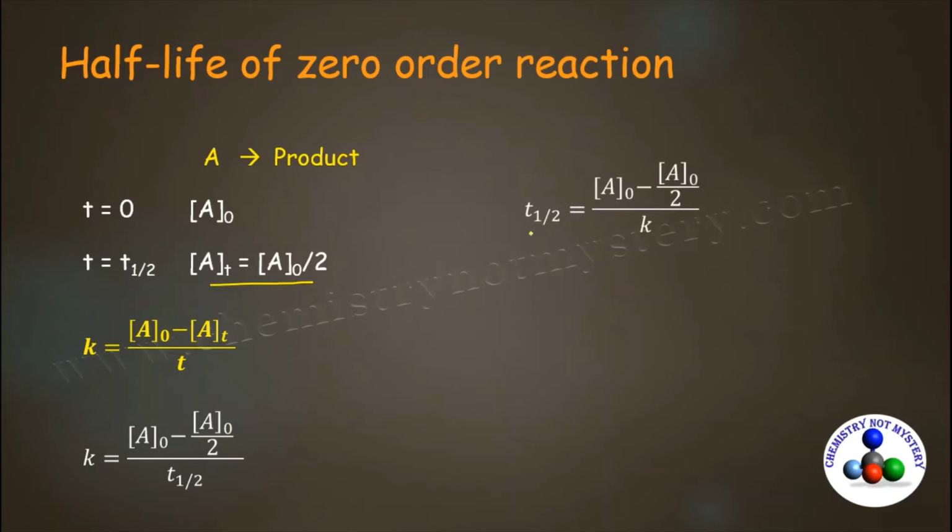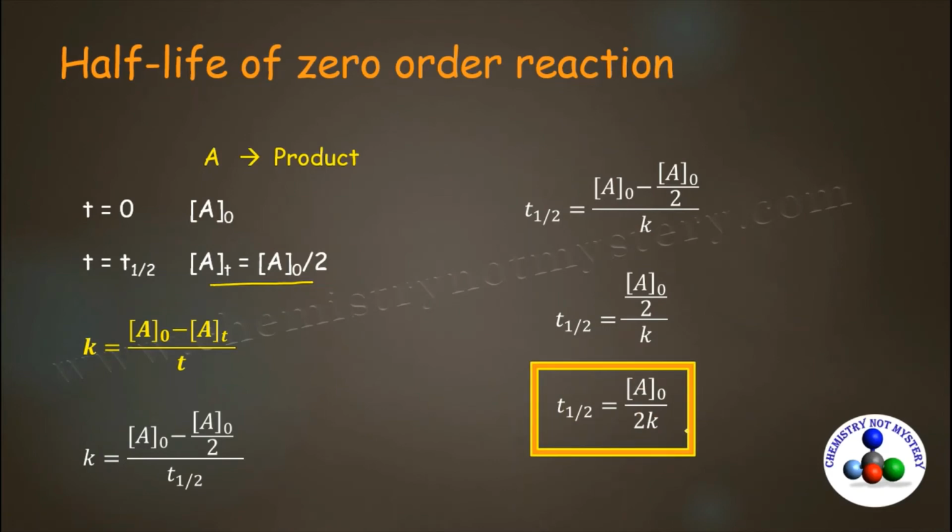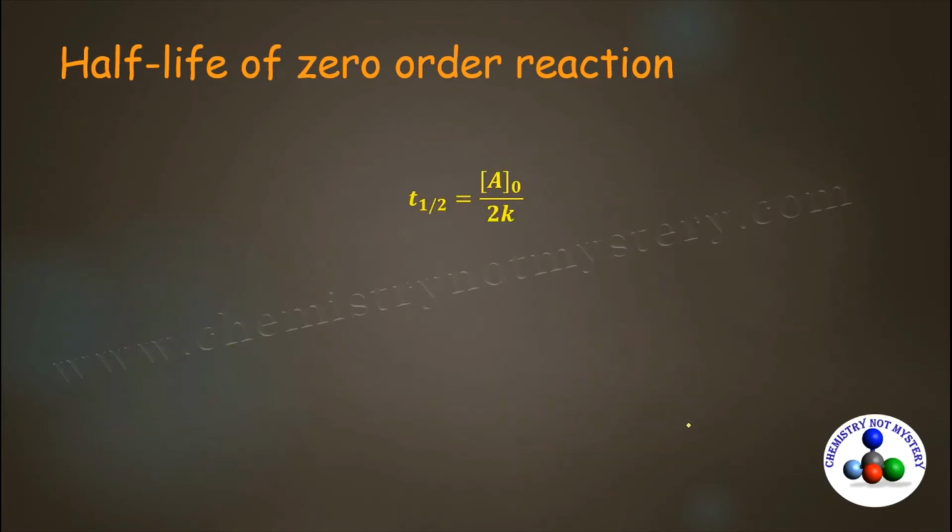When you rearrange this equation, you will get t half is equal to A0 minus A0 by 2 divided by k. When you solve this equation, you will get t half is equal to A0 by 2 divided by k. When you rewrite it, you will get t half is equal to A0 over 2k. This is the half-life period for zero order reaction.